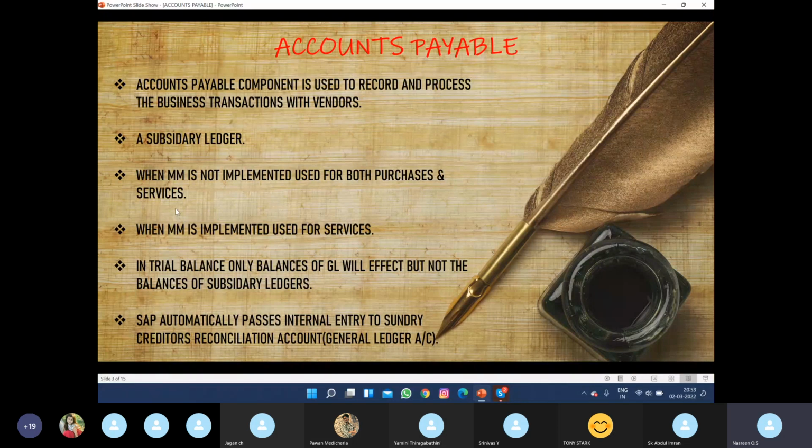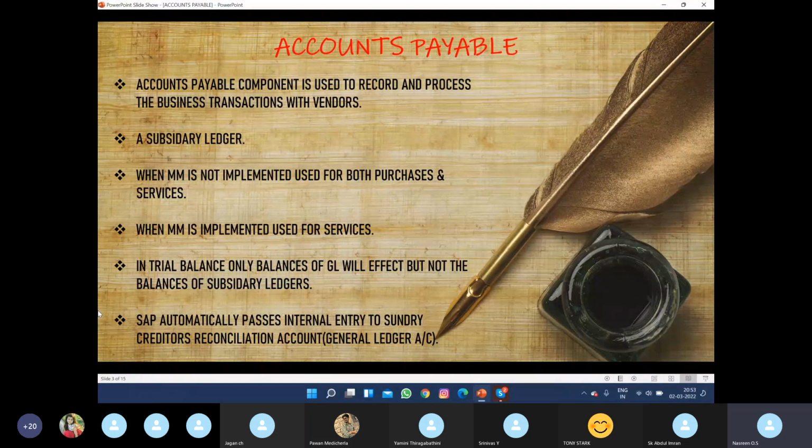On services, we have to pay the service tax. So there are certain differentiations which make us keep the data of both separately. When MM is not implemented, we keep the data of both purchases and services in accounts payable. If MM, material management, is implemented within the organization, then we use this only for services.